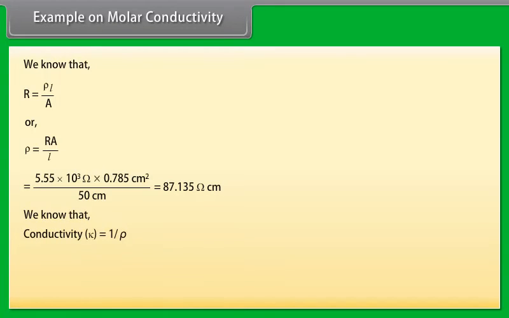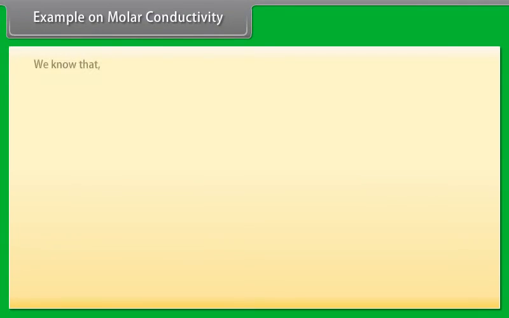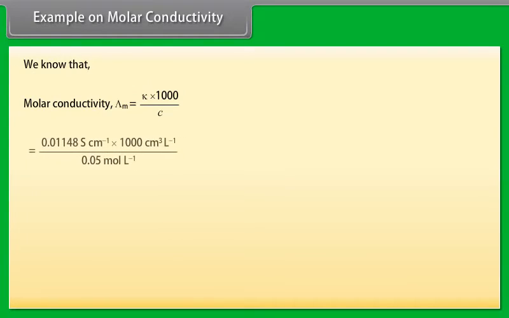Molar conductivity of the electrolytic solutions. Molar conductivity is defined as the conductance of a solution containing 1 gram molecule or 1 mole of electrolyte such that the entire solution is placed between two electrodes 1 centimeter apart. It is denoted by the symbol λm.